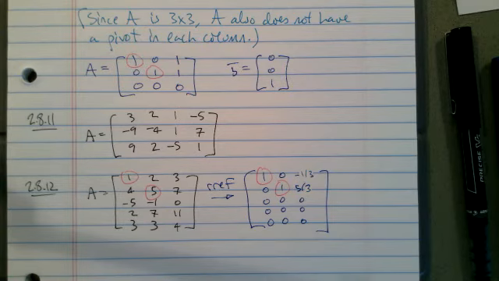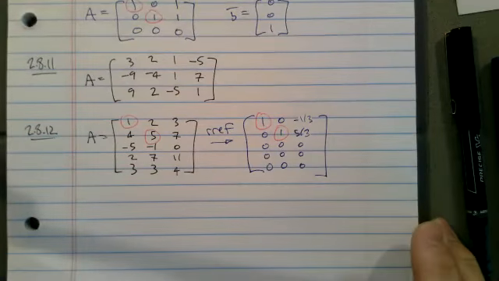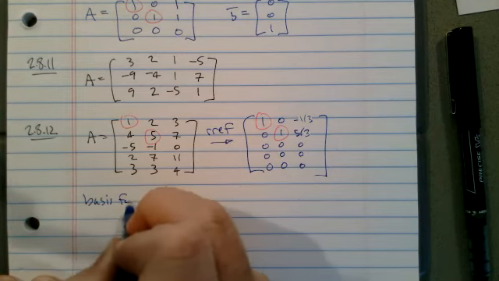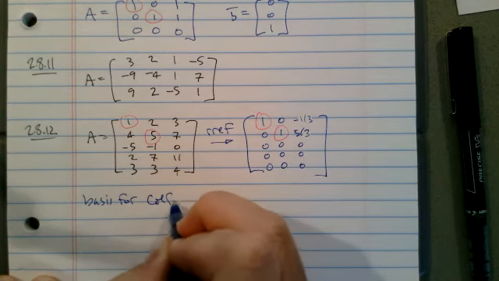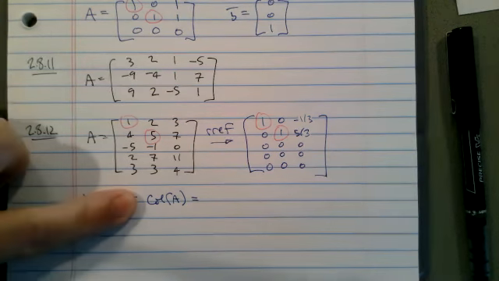So a basis for the column space of A, we could just pull these first 2 vectors. Note that I'm not just saying column space of A equals, because I'm about to write down just 2 vectors.